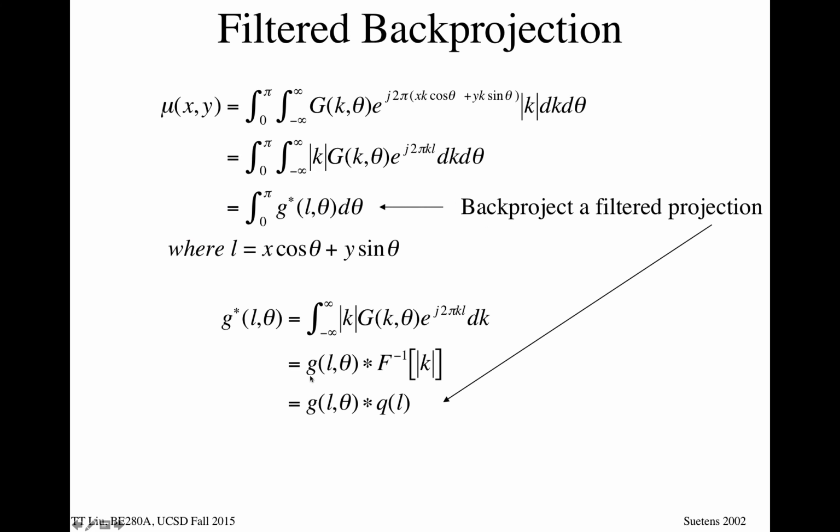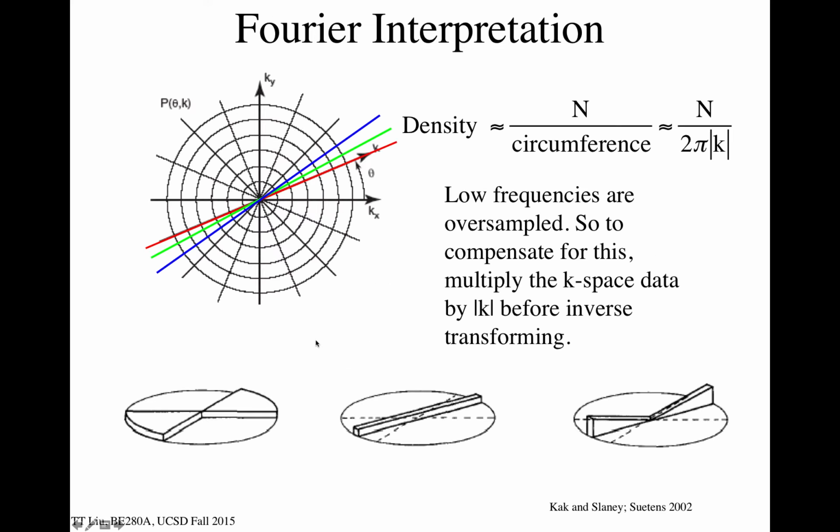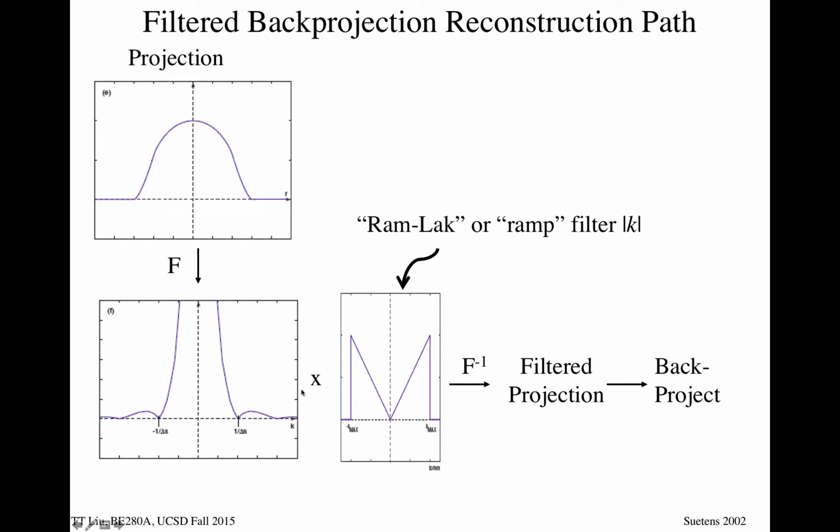G star is g convolved with the inverse Fourier transform of a ramp. Which means that if you go back to that slide, G star is going to occur over here in the next slide. But then the bottom left is small g_L theta, or is it capital? This one? Yeah.